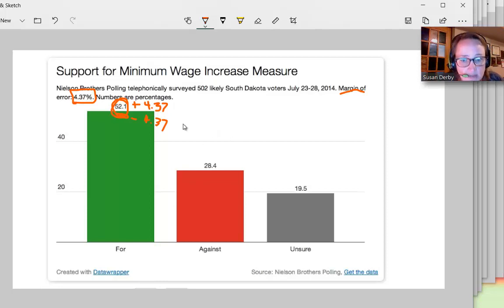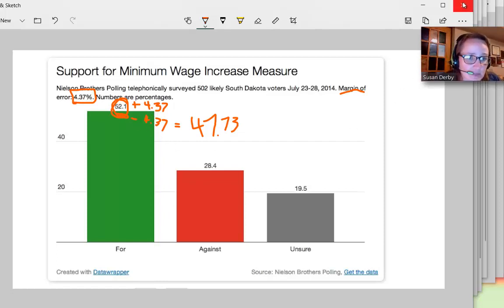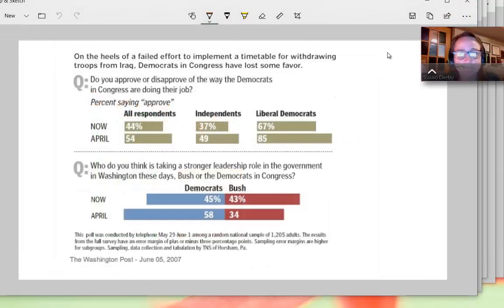We're only at 47.7% of people. So now they don't have a true majority, just a little bit less than half. You see how this little bit of wiggle room can make a big difference.